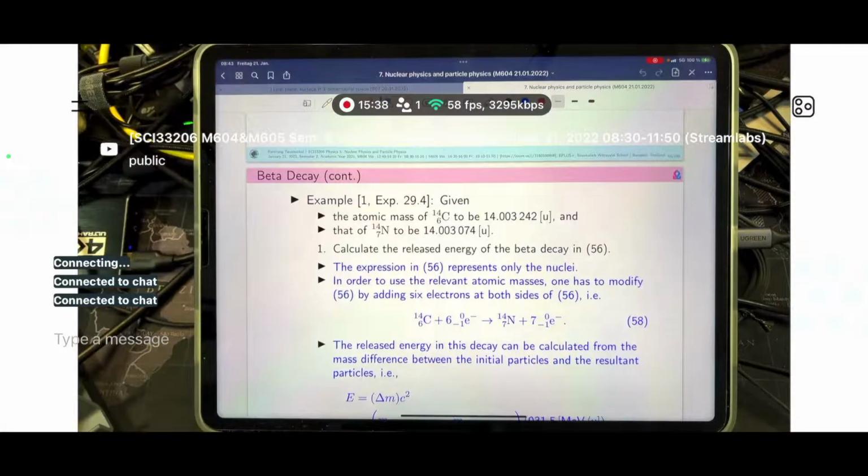I'm not sure whether you could hear well or not. Let me check the sound. No, there is no sound in Zoom at all. Test 1, 2, 3. Yes, we arrive at this example for M604.